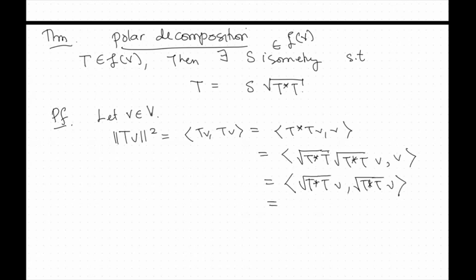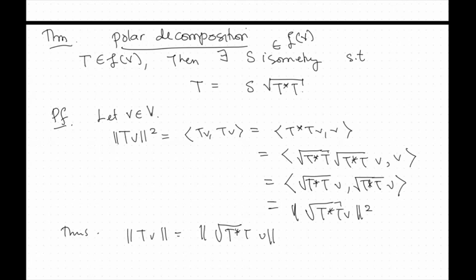And thus this is equal to the norm of the square root of T star T v. So we get that for all v, TV and the square root of T star T v have the same norm.